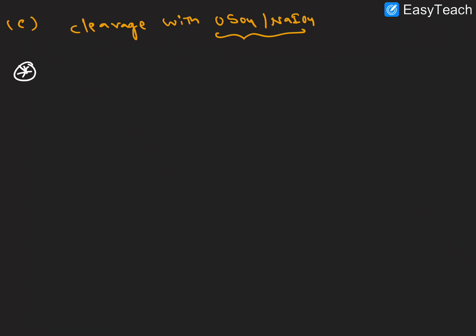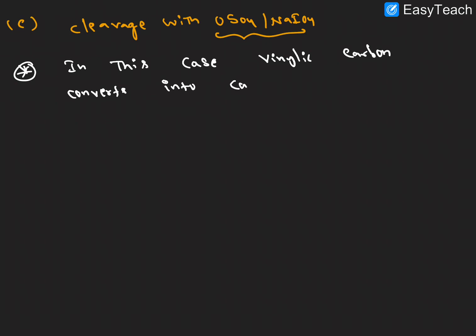The important point here: in this reaction, the vinylic carbon converts into a carbonyl compound carbon, right? The vinylic carbon. Let's discuss one example and you'll get a very clear idea.